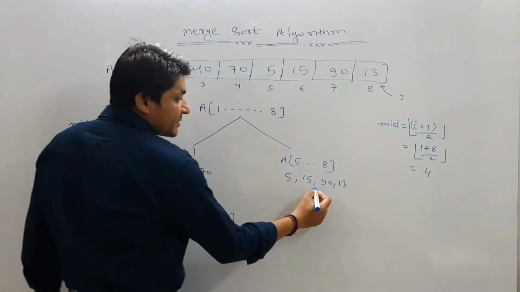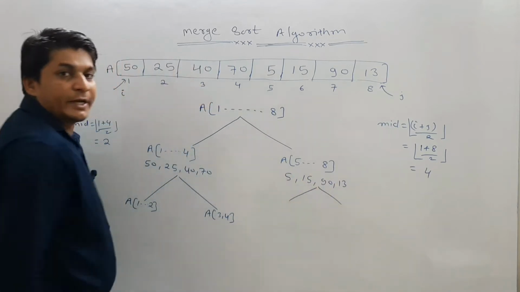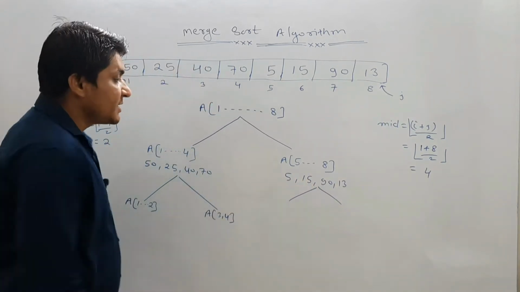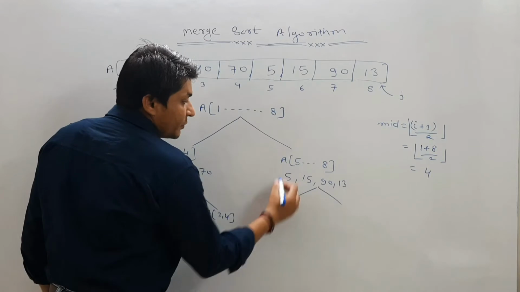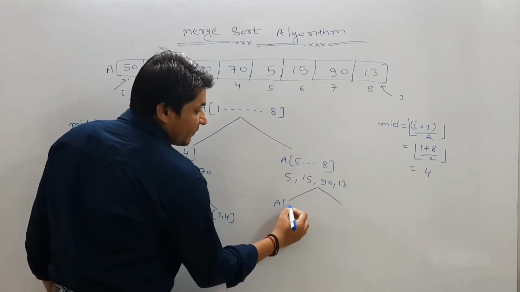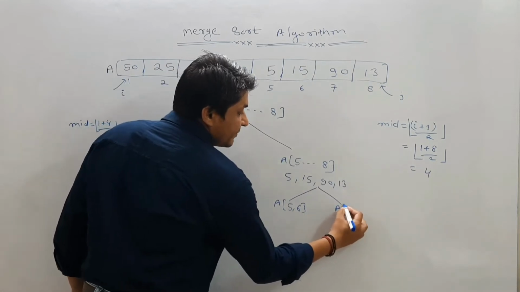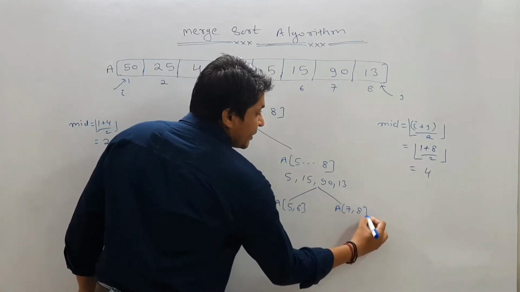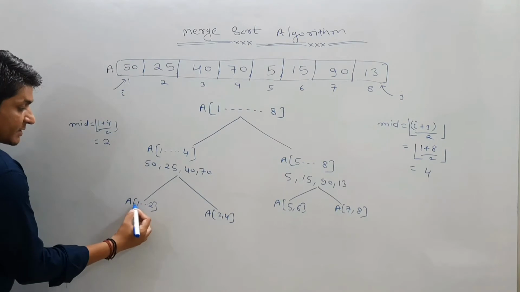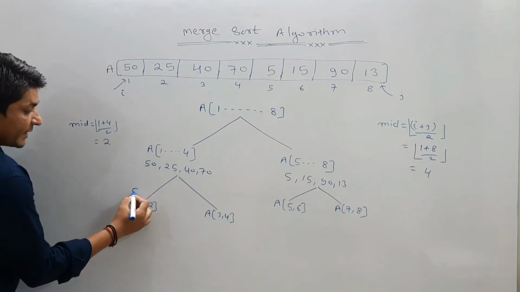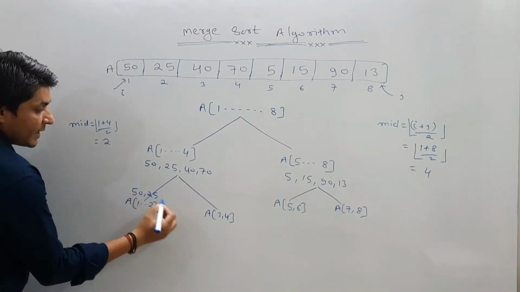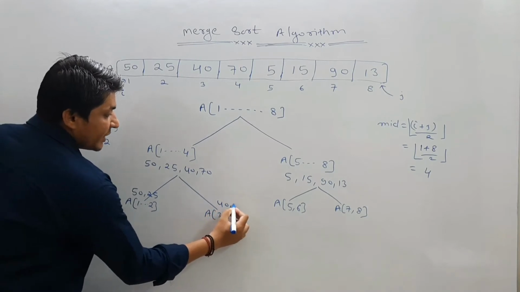Now if you divide this into two parts, because this is also an unsorted array, this is not actually sorted, that is the reason we are again dividing this. So if you divide this, it is going to be A of 5 to 6 and the other is going to be from 7 to 8. Now this part contains 50 comma 25 and 40 comma 70.